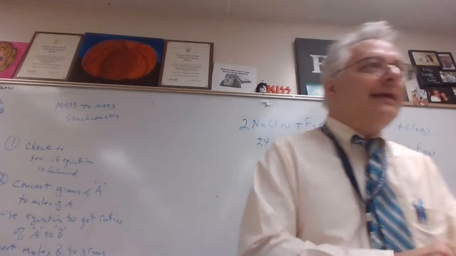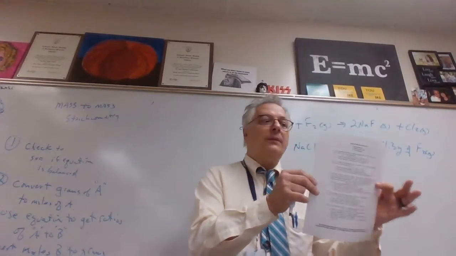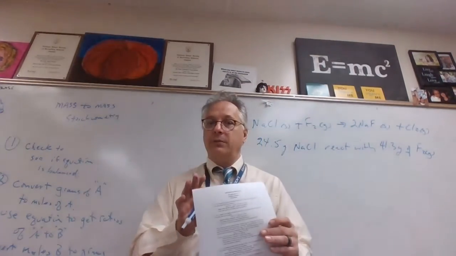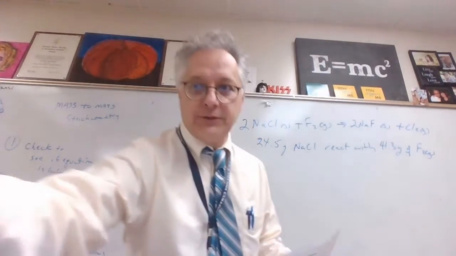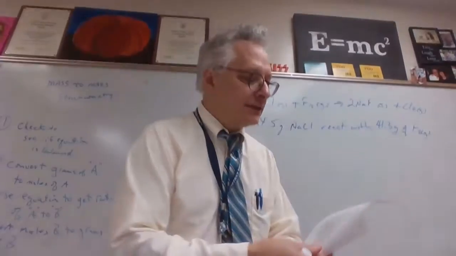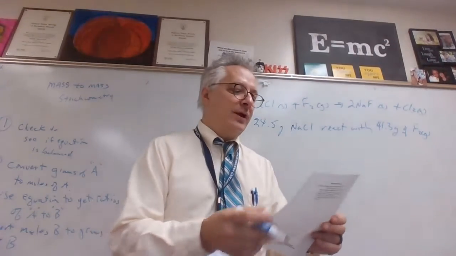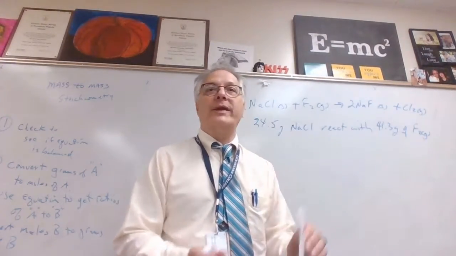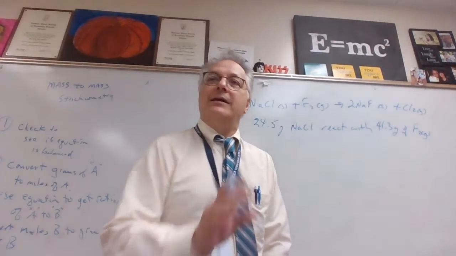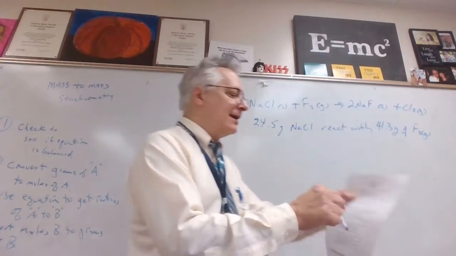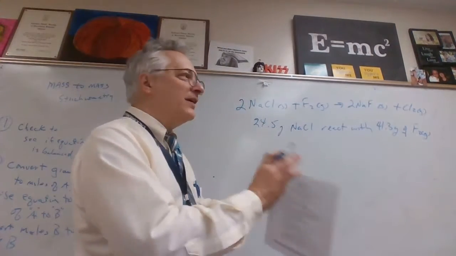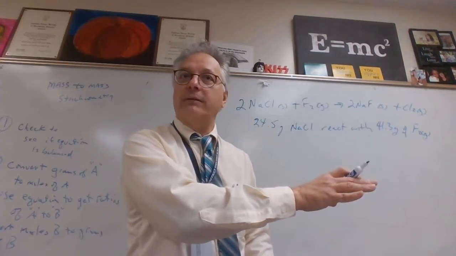So when I look at these problems, I want you to read the entire problem before you start doing calculations. This problem says, A, what is the limiting reactant? Justify your answer. B, how many grams of chlorine gas are produced? So the way I do these problems is I figure out which product I want to concentrate on.